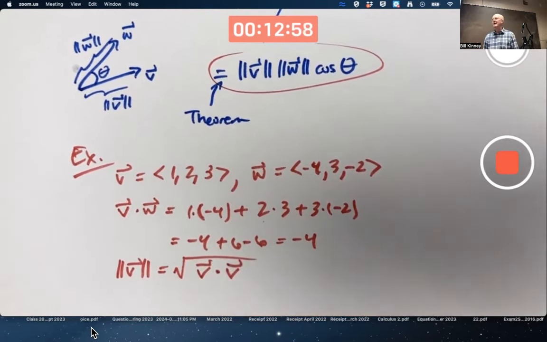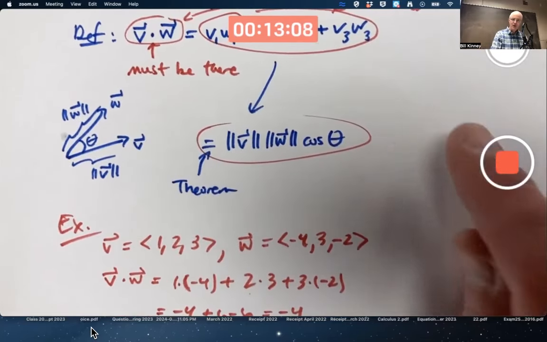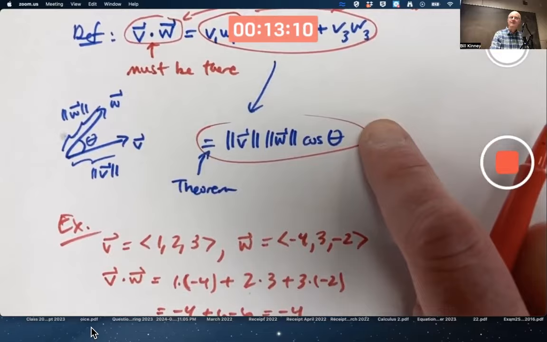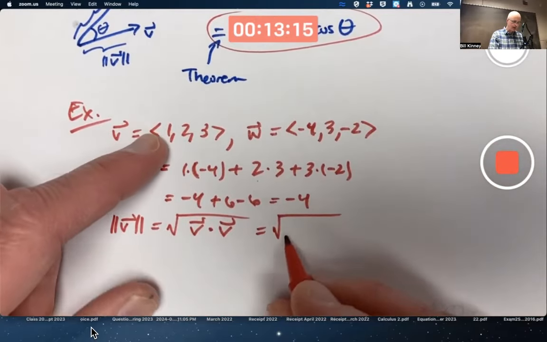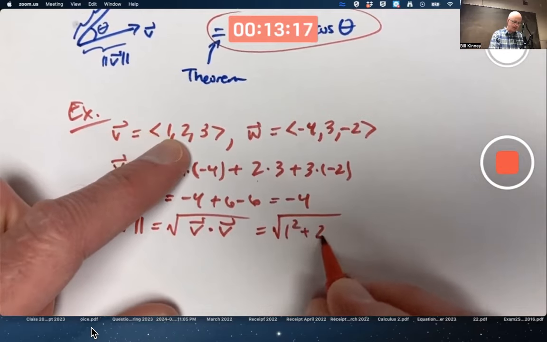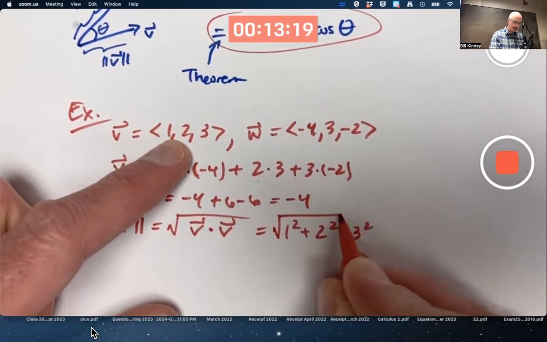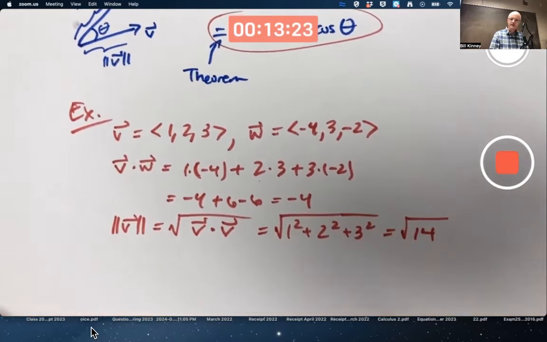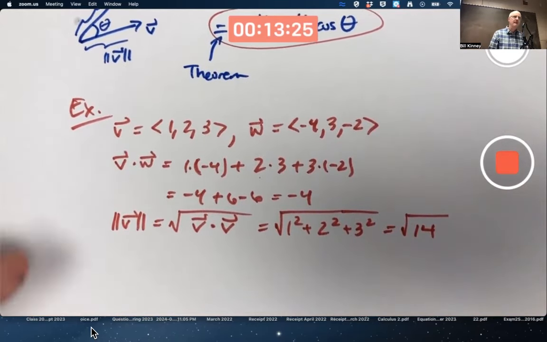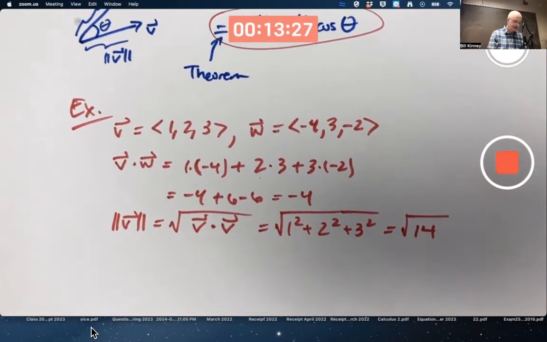That formula right there is more important than you might imagine, not only for doing this calculation, but also for some theory, including the theory for why this works. Take the square root of the vector dotted with itself. So I do 1 times 1, 1 squared, plus 2 times 2, plus 3 times 3. And it seems like 14 is our favorite number, or square root of 14 in this class, because I keep picking vectors to be 1, 2, 3.